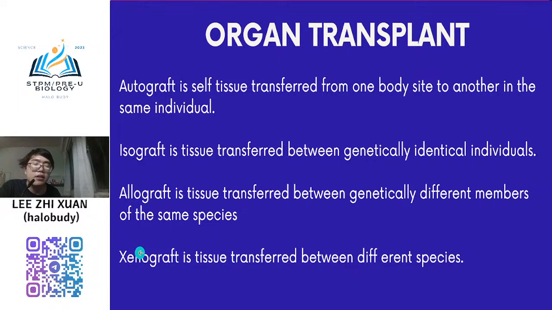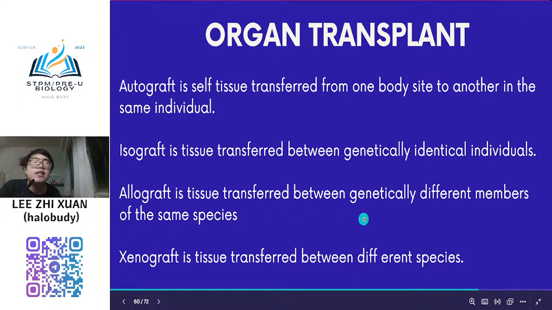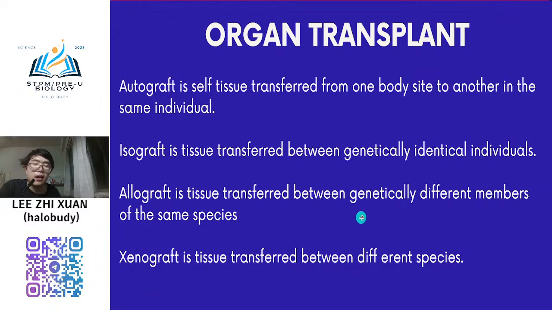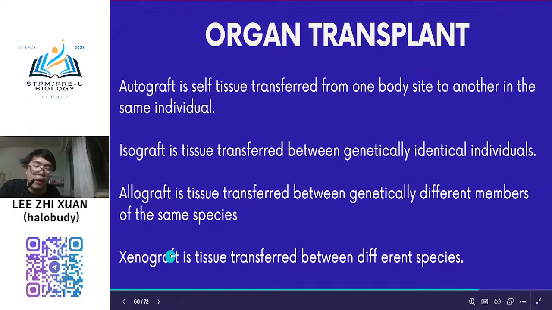And another one, xenograft. Xenograft is between different species. Nowadays technology is advanced. They transplant organs using a pig, if not mistaken, a pig kidney, transplanted to a human. This is xenograft, but this technology is still under clinical testing.